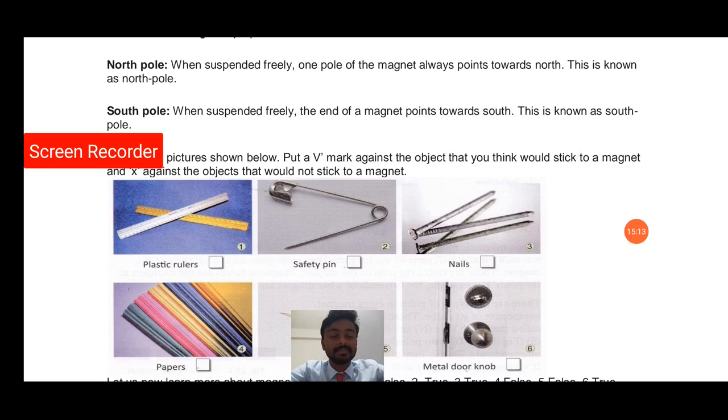Dear students, North Pole means when the magnet is suspended freely, one pole of the magnet always points towards the north. This is known as a North Pole. And you can see another in the opposite of the North Pole. So it is the South Pole.